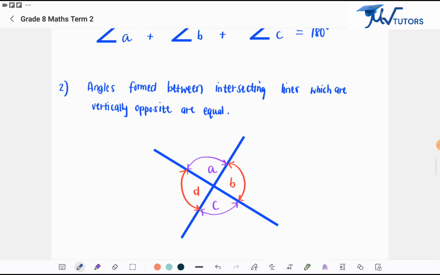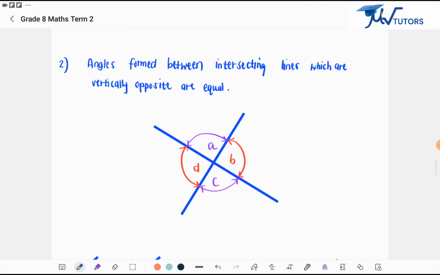Now, secondly, we're going to talk about angles that form between two intersecting lines. And we often say that angles formed between intersecting lines which are vertically opposite are actually equal. Okay, it's important that those lines are straight. After all, we are talking about straight lines.